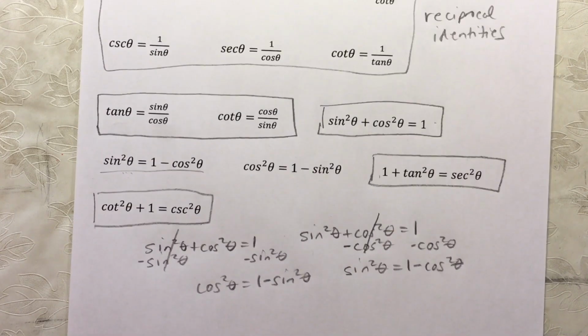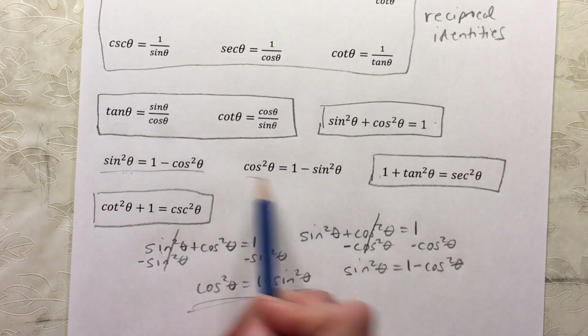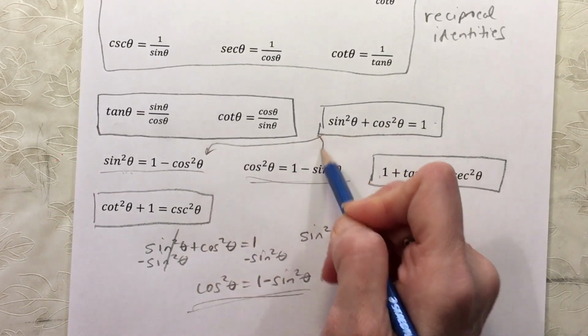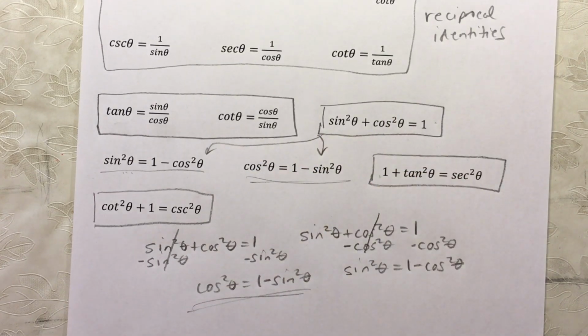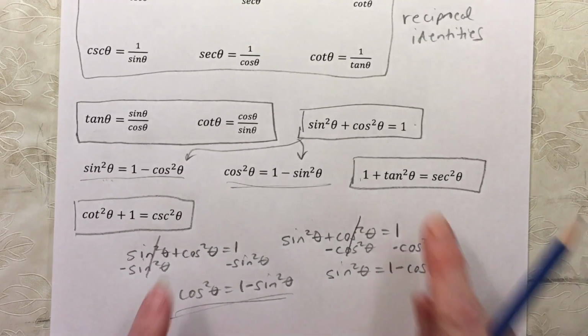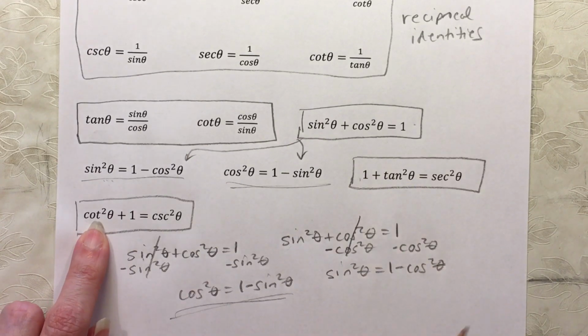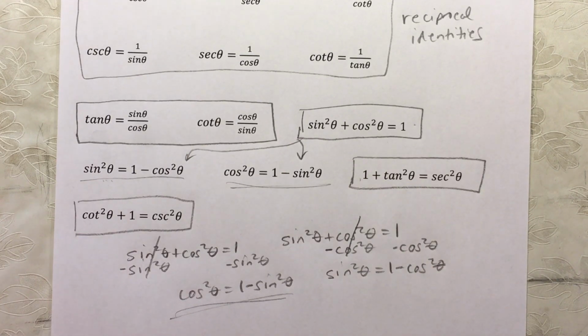And then it's another version. So these two are just different versions of the most famous Pythagorean identity there. Similarly, you could solve this one for tan squared, or you could solve this one for cotan squared, and you'd have a different version as well.